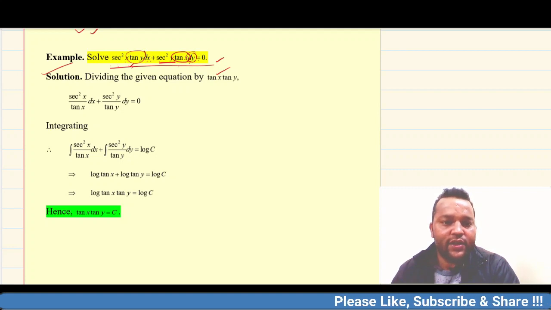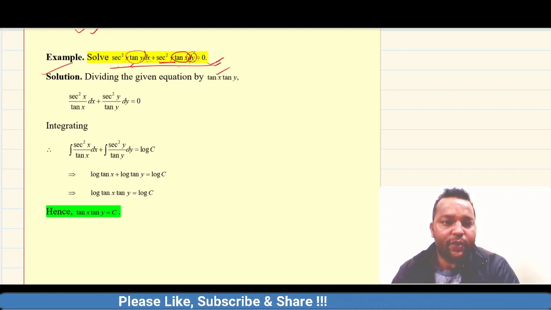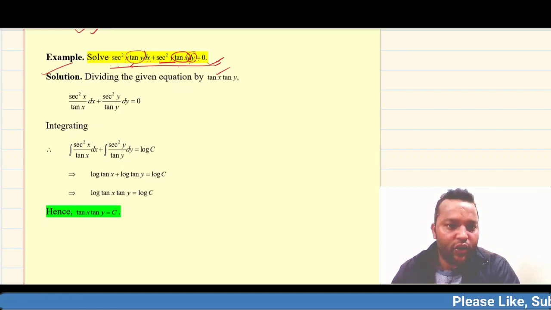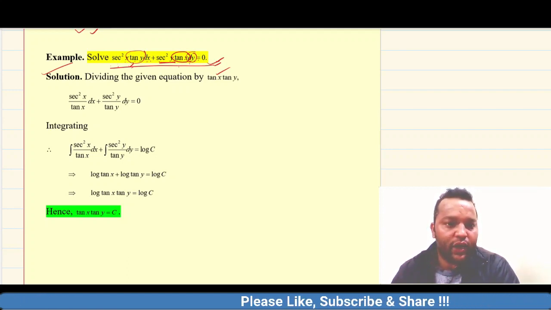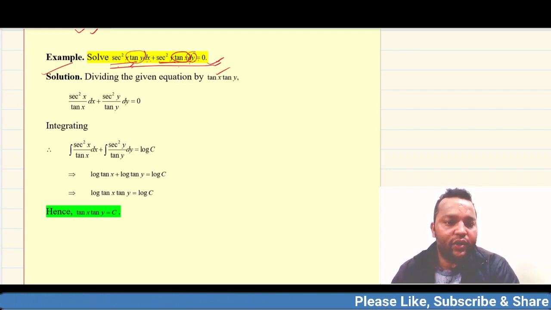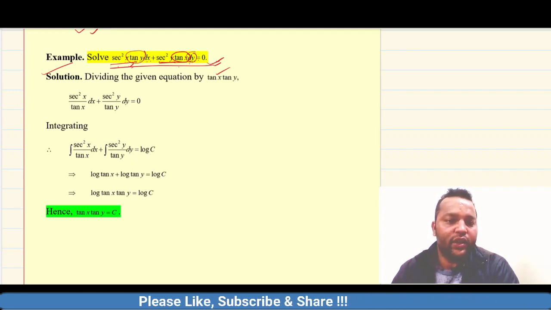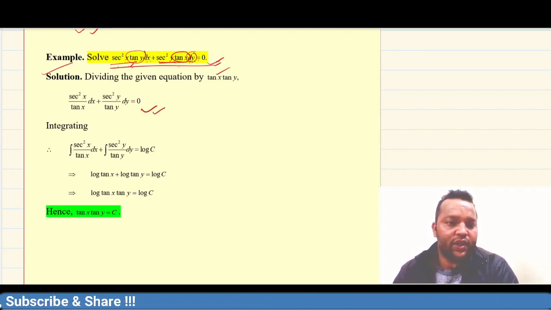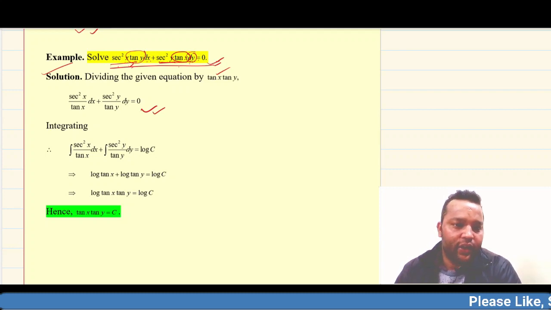Therefore, this equation can be written into variable separable form by dividing the whole equation by tan y in order to remove this function of y from this term, and by tan x so that it becomes a function of y along with dy. So this equation is obtained.